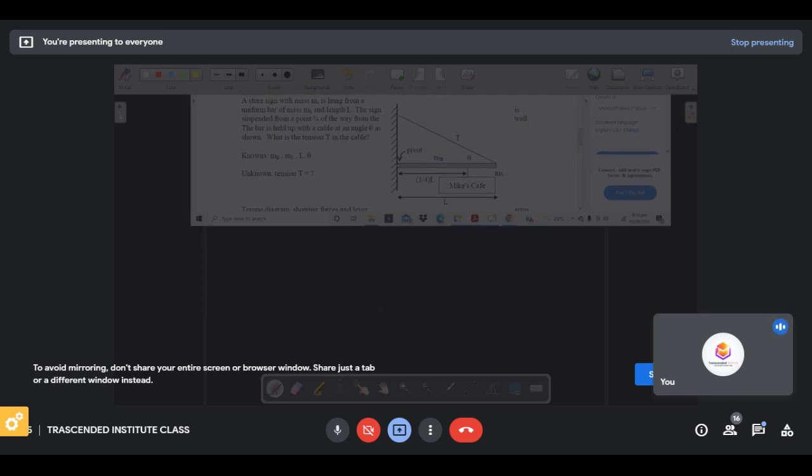Okay, so let's try to understand the situation that we've been given. A store sign with a mass. This is the store sign, Mike's Cafe. So what did they do? They had connected a certain bar. Maybe it was just a hole, then they had to fix it.